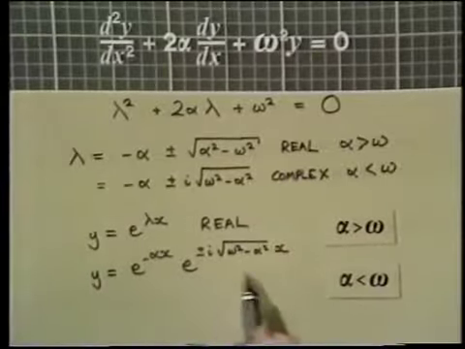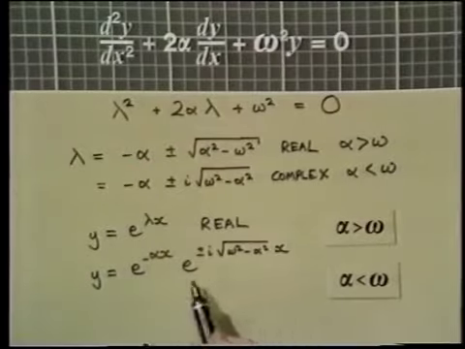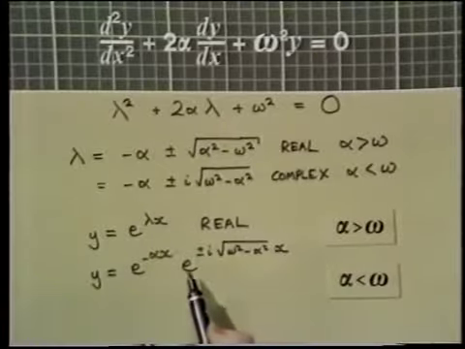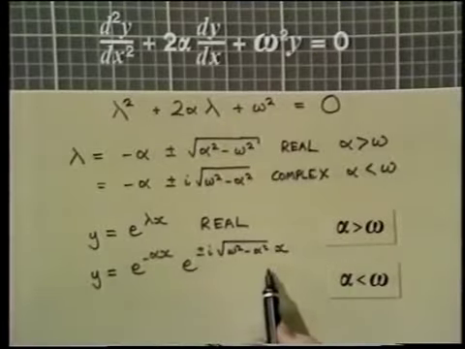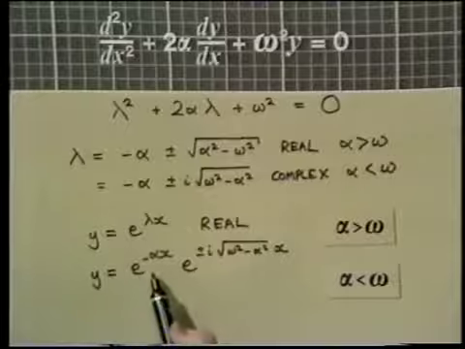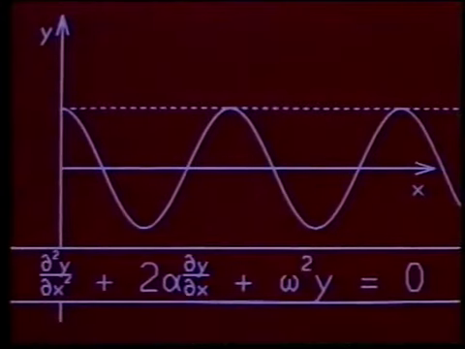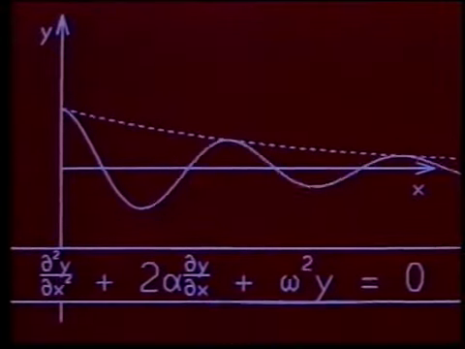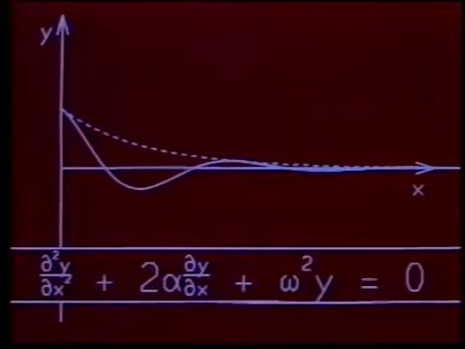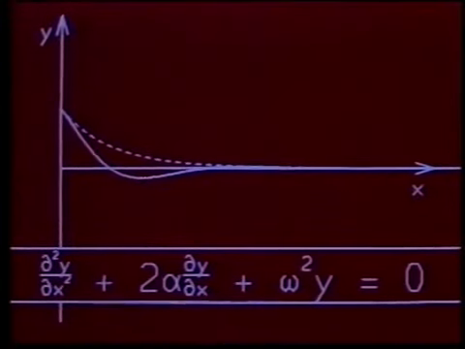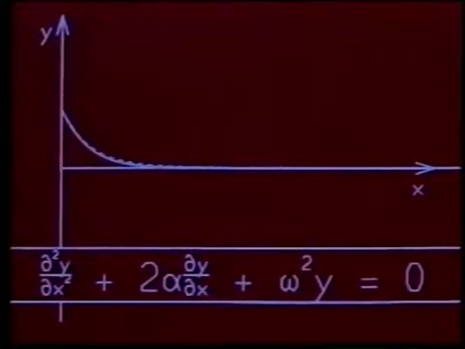And these terms are sinusoids. So the solution involves the product of a sinusoid times a decreasing exponential function. With alpha equals 0, a pure sinusoid. Alpha between 0 and omega, sinusoid times decreasing exponential. When alpha reaches omega, the oscillation disappears.